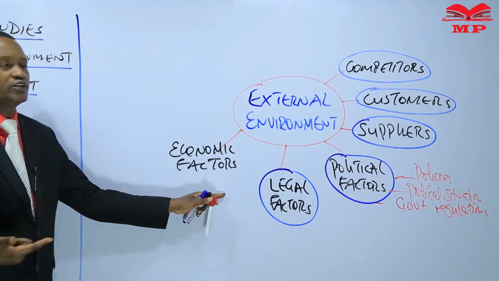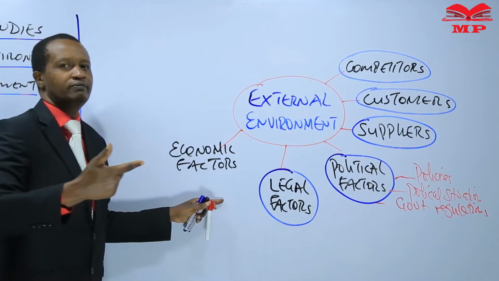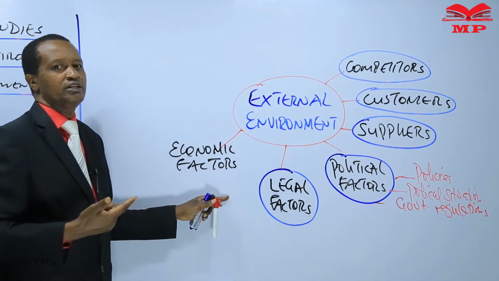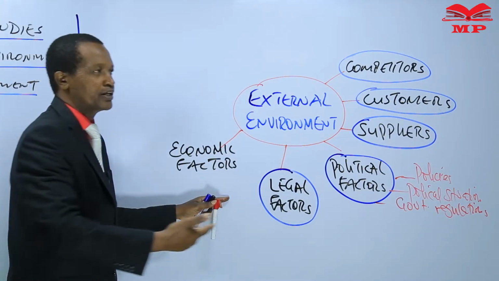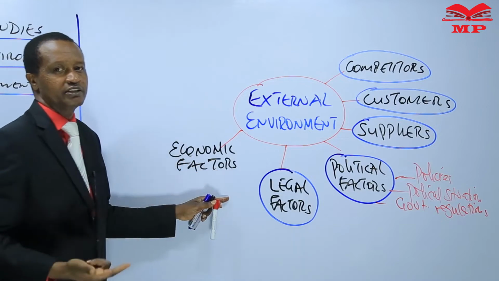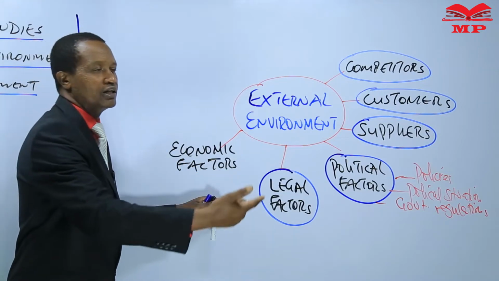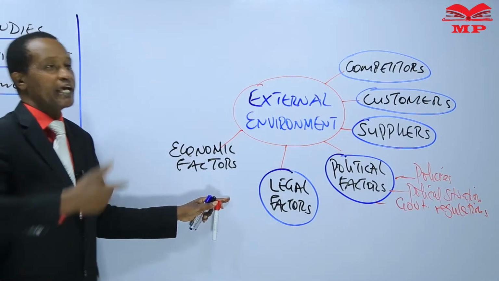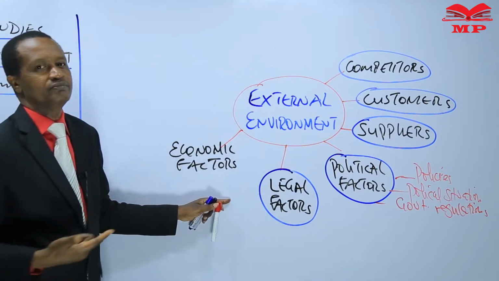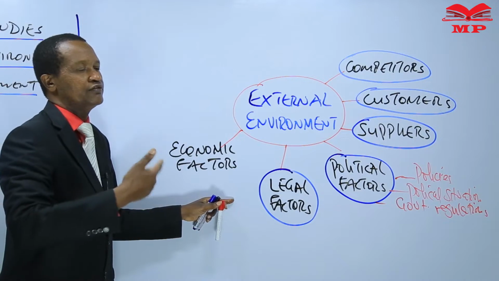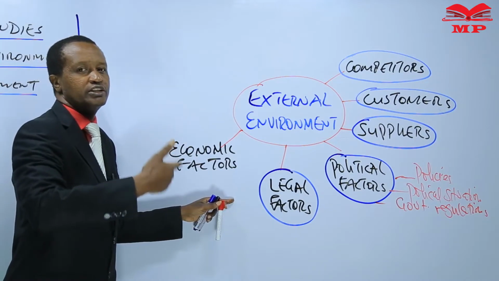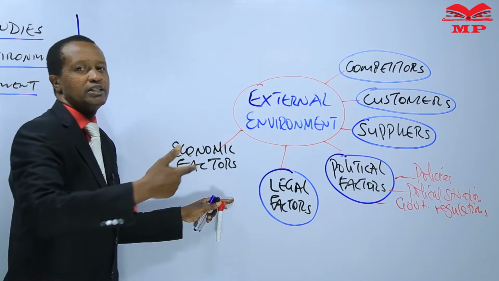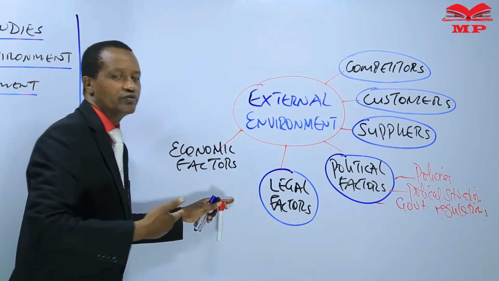So performance of the economy, learners, and stability of the currency will always affect the price of goods and services that consumers are willing to buy and able to buy.